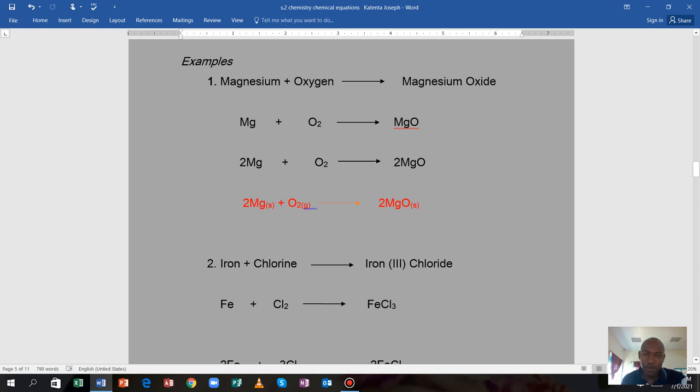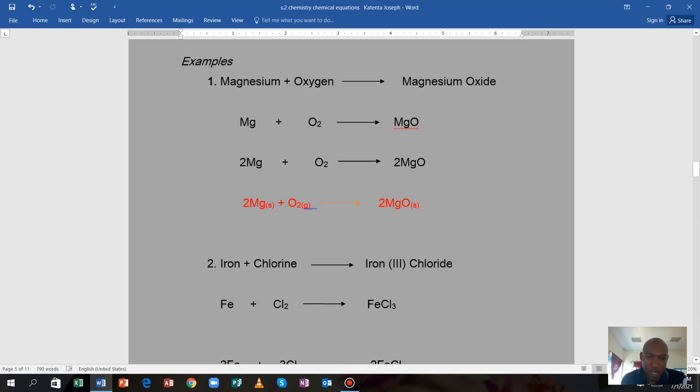So magnesium is balanced. Oxygen. On the left, we have 2 atoms of oxygen, but on the right, there is 1 atom of oxygen. So we put a 2 in front of magnesium oxide to balance the oxygen. When we do that, we see that magnesium will also be having 2 atoms on the right.